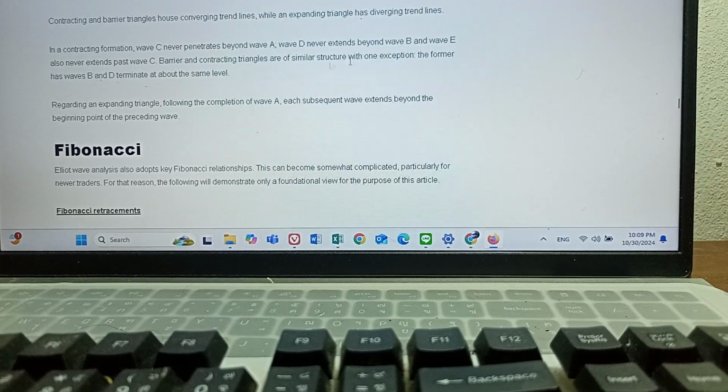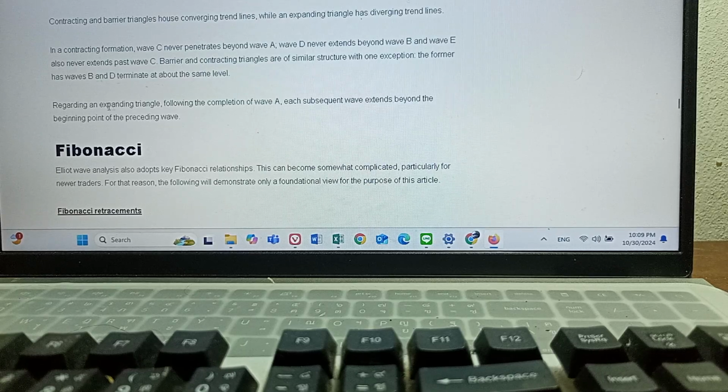The former has waves B and C terminate at about the same level. Regarding an expanding triangle, following the completion of wave A, each subsequent wave extends beyond the beginning point of the preceding wave.